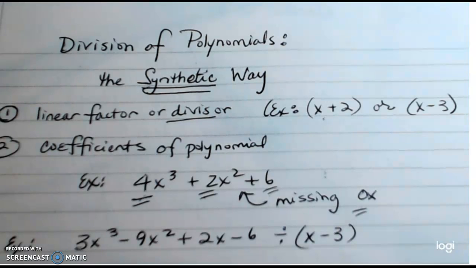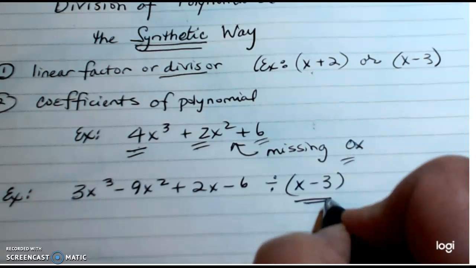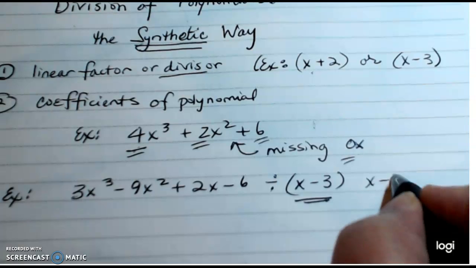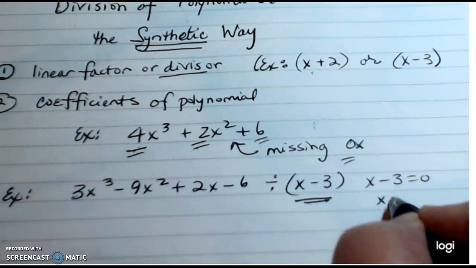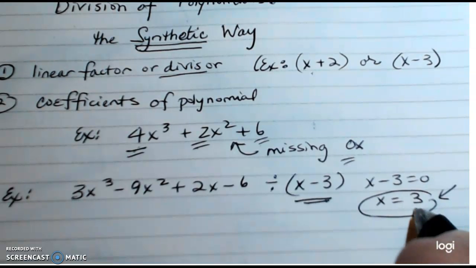Now, the first step is to always translate this to the corresponding value. You want to set it equal to 0, and your synthetic divisor is going to actually be x equals 3.